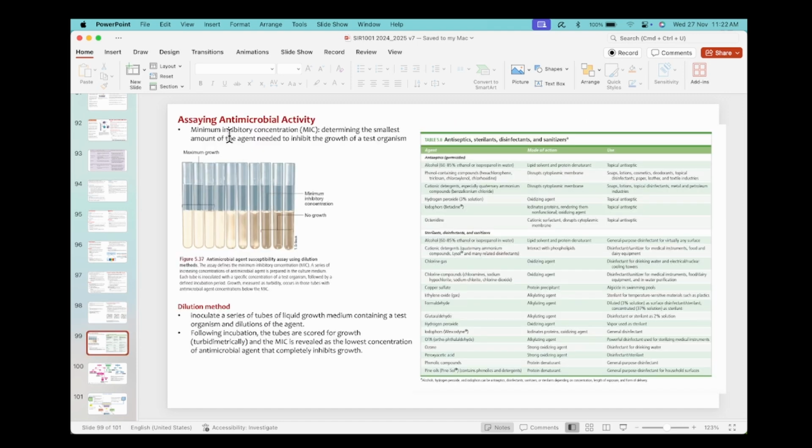To assess antimicrobial activity for any chemical that you have, we can carry out a minimum inhibitory concentration assay, where the chemical agent is serially diluted, and then each tube is inoculated.